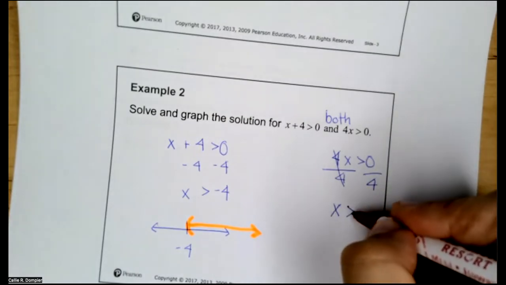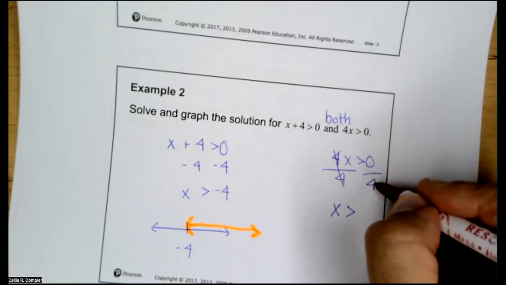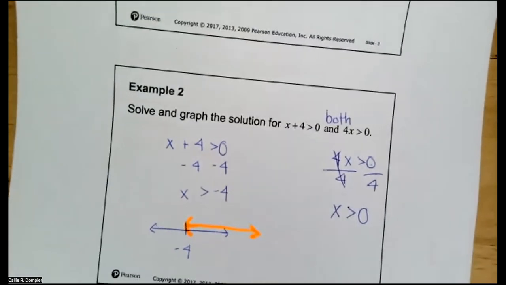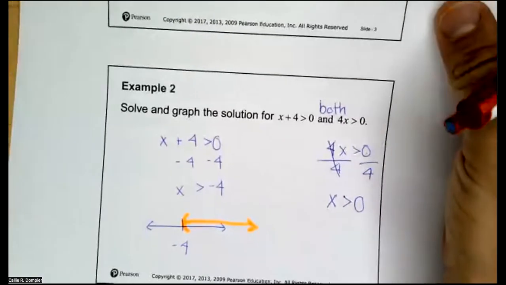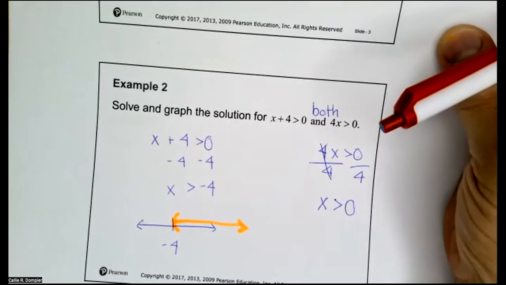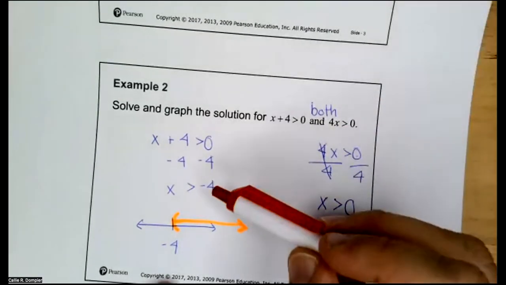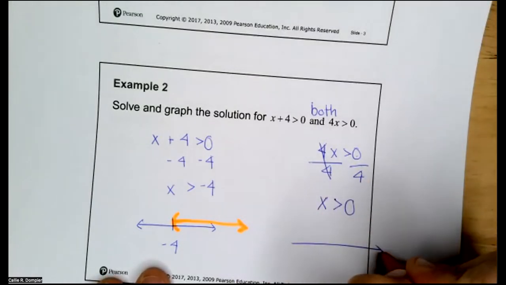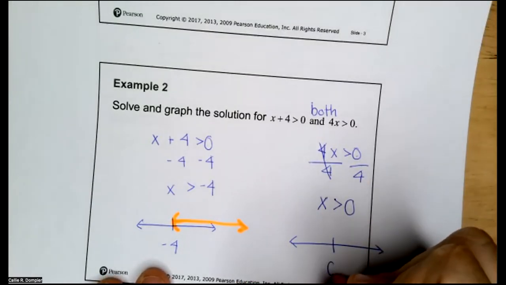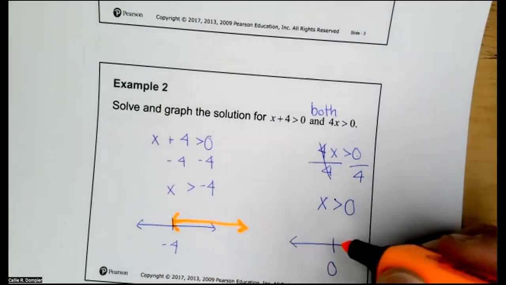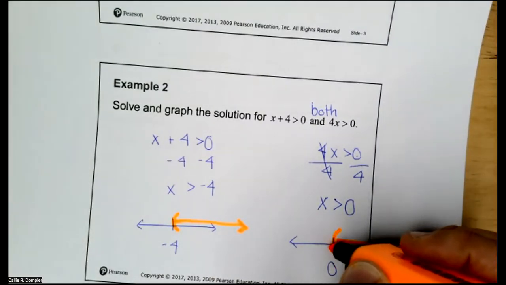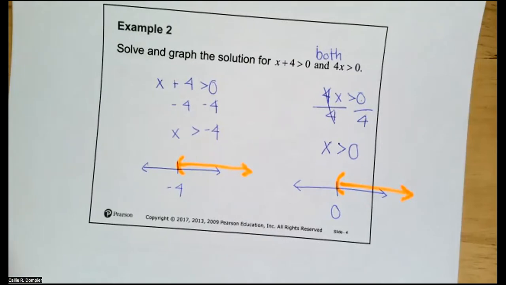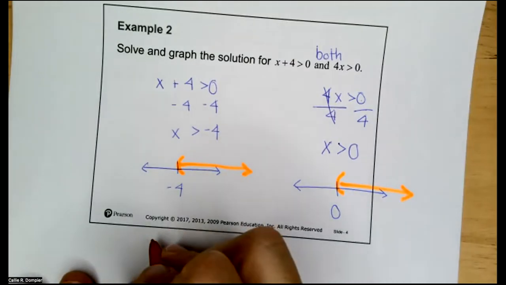So we still say x is greater than 0 divided by 4 is still 0. Good. So they're asking for the intersection of, so common to both, x greater than -4 and x greater than 0. Let's graph x is greater than 0. Here's 0. Again, we're going in the positive direction. And again, it's not including, so it's open parentheses.